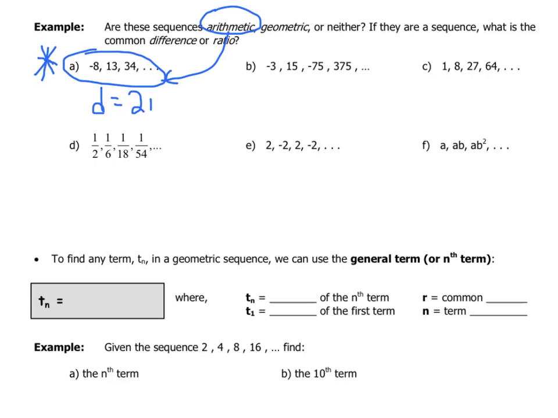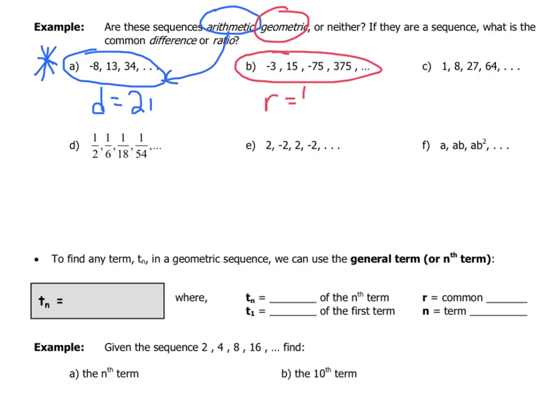Okay, now what about the other ones? Well, let's see. Question B, this one's geometric. And so for the geometric sequence, we have to check to see is each term being multiplied by the same common ratio. In fact, it is.